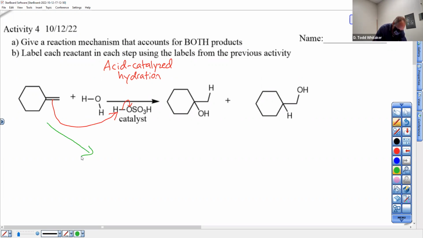You get your 2 cations just like before. 90% of them are this cation, where the H went on the end and the plus on the tertiary carbocation.